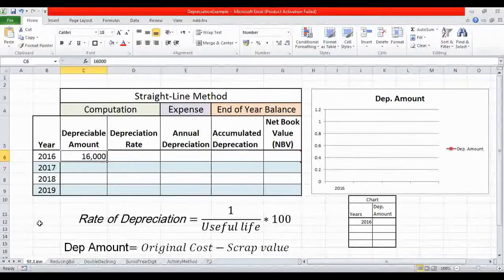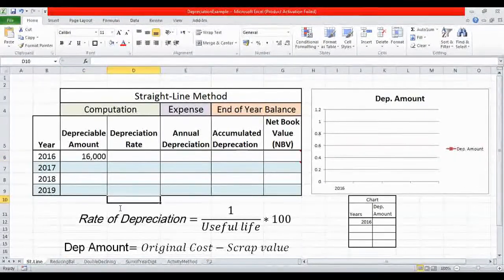Now we need to calculate the depreciation rate. We have discussed many times that the depreciation rate for the straight line method is 1 over useful life times 100. Please keep the example in front of you so that you can put in the values quickly.